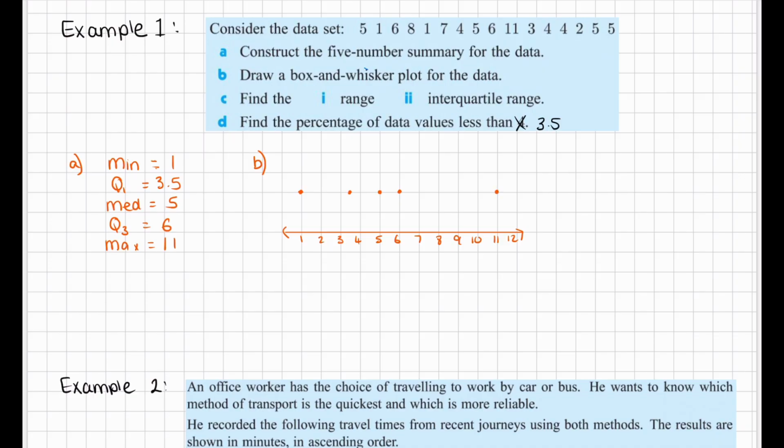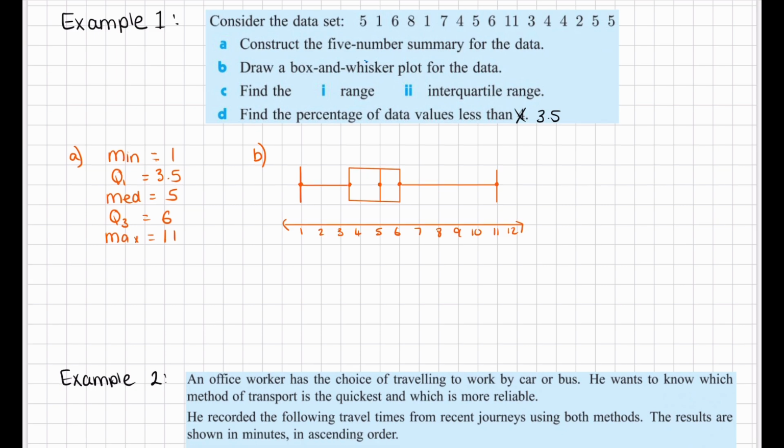So put all the 5 numbers on there as dots, and then draw a vertical line at each of those dots that I've just drawn. The middle 3 dots create my box, and then the outer 2 dots, my maximum and minimum, create the whiskers.